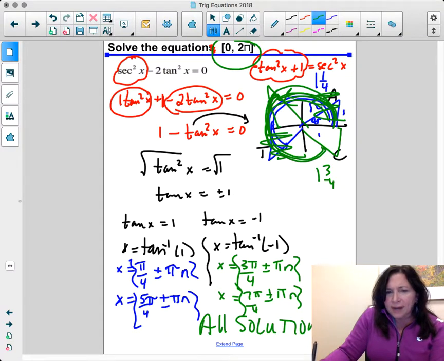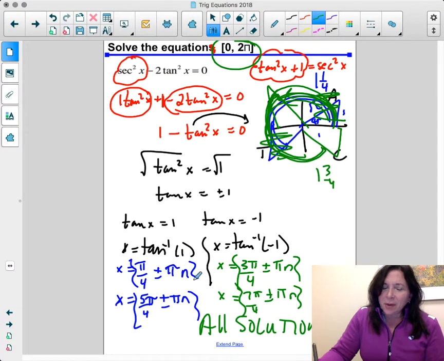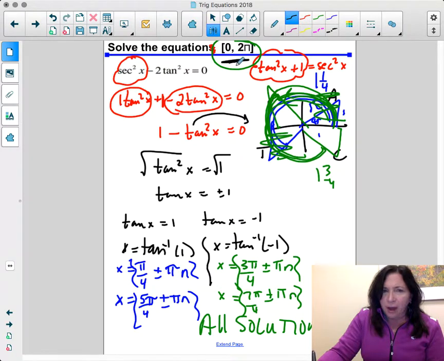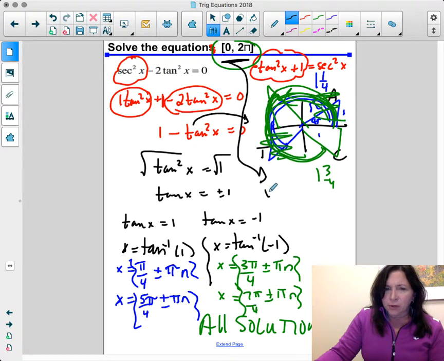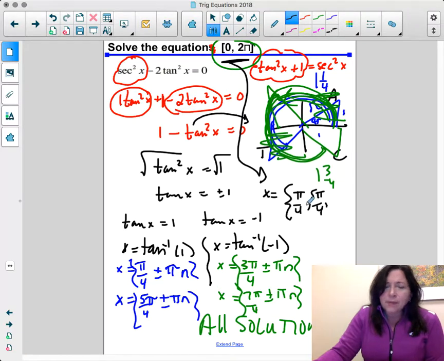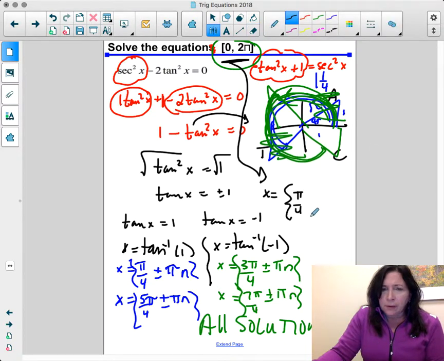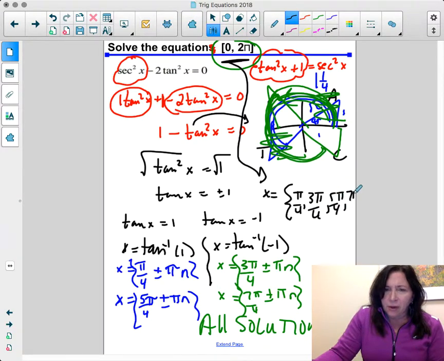Okay, so what I did was, because I was trying to prove a point with the pi n instead of the 2 pi n. But that being said, if you are only solving from 0 to 2 pi, then your answer would be x equals, and you would write it just like this. Oh, and this is not in correct order, because 3 pi over 4 is actually next. So let me fix that. So pi over 4, 3 pi over 4, 5 pi over 4, and 7 pi over 4.